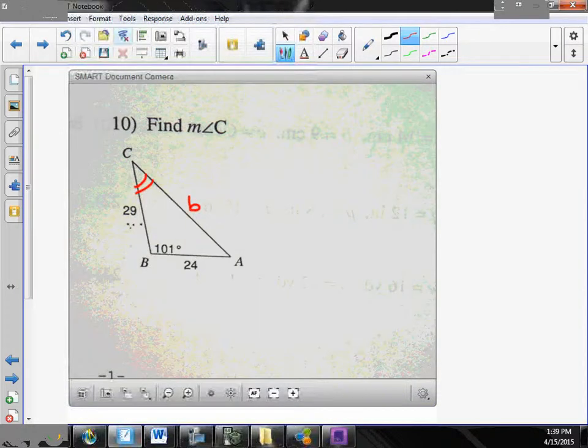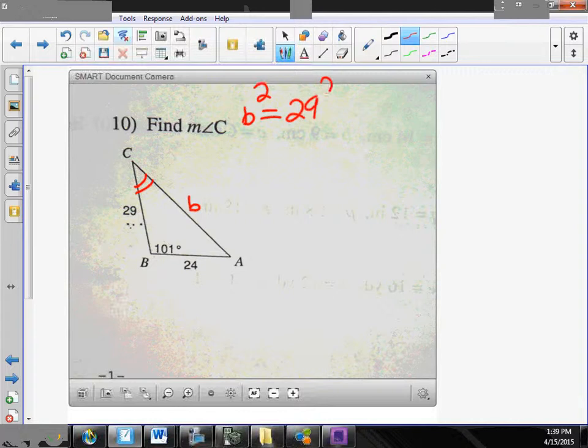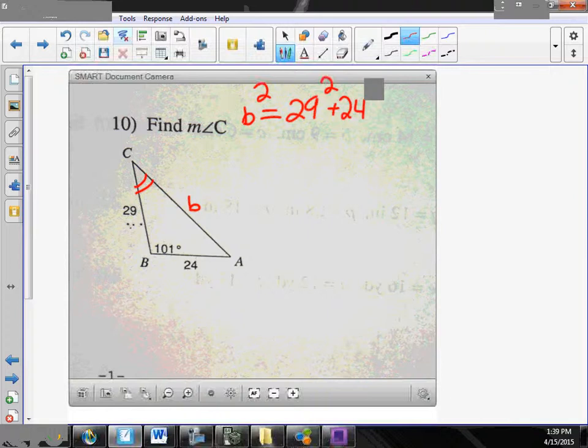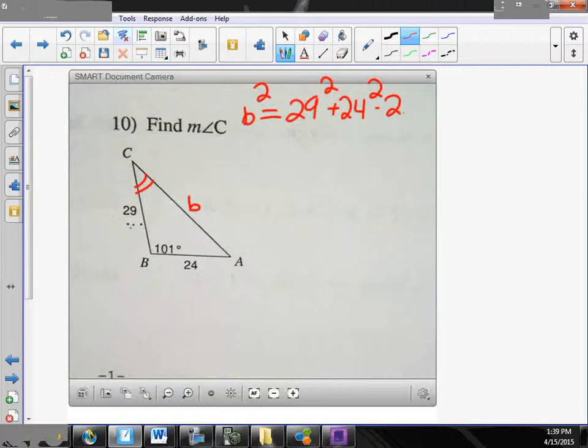Okay? So b squared equals 29 squared plus 24 squared minus 2 times 29 times 24 times cosine of 101.